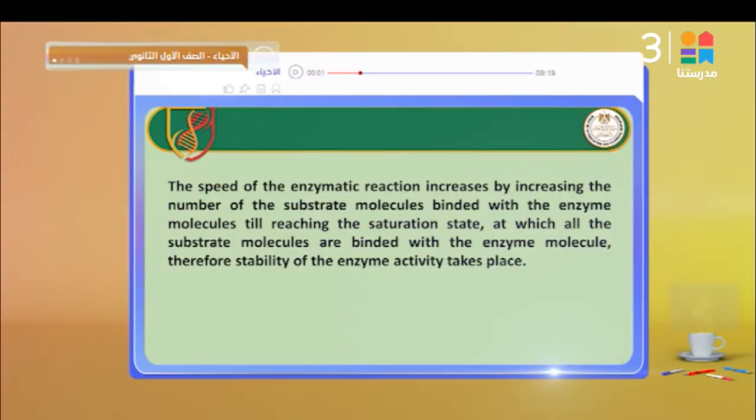Finally, the substrate concentration increases until all the starch is digested. Then the activity of the enzyme stops completely after all the starch is digested and changed into 2 molecules of glucose, called maltose.